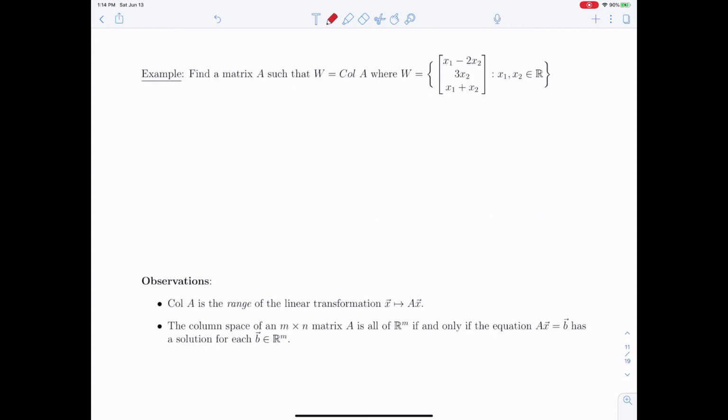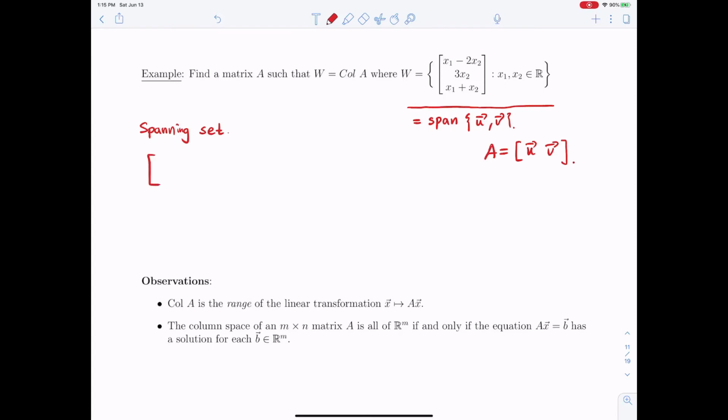So let us find the matrix A such that W is given by a set of vectors of this form. The goal is to find a spanning set for W, say u and v, and then build A by using u and v as column vectors. We can find the spanning set by separating the variables.